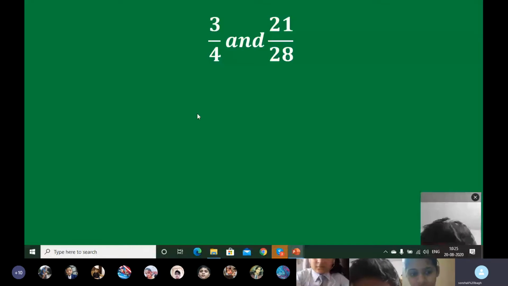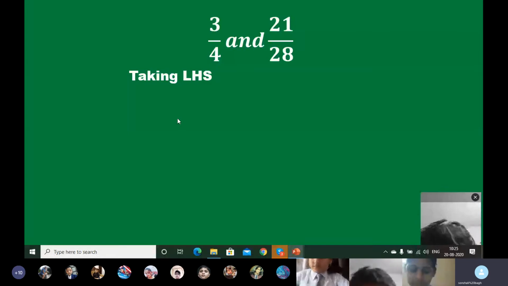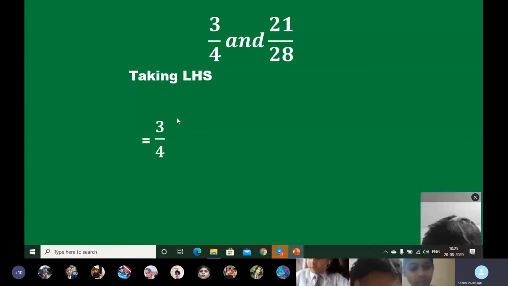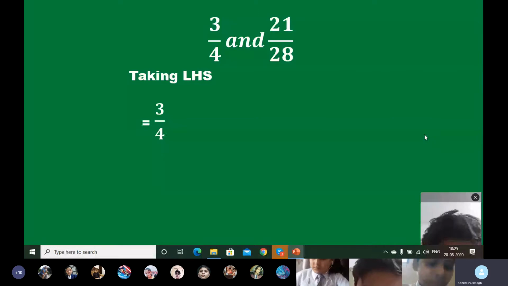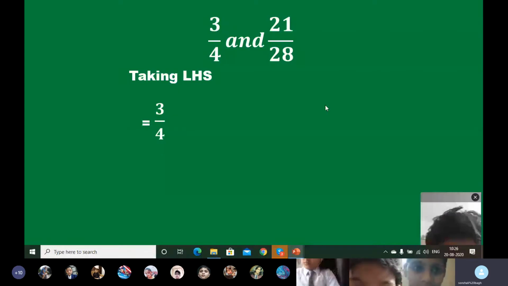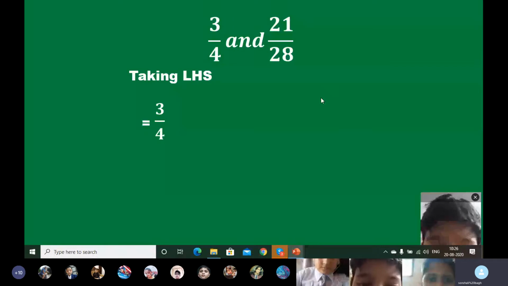Now, taking the LHS side, you can see 3 by 4 is already in the lowest form, right? Can we convert LHS 3 by 4 more into lowest form? Yes or no?